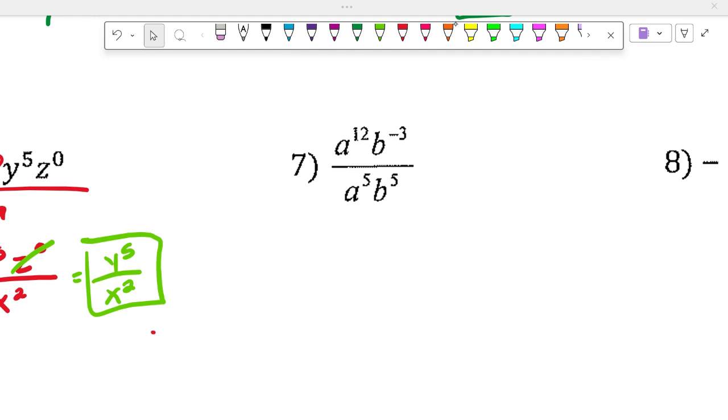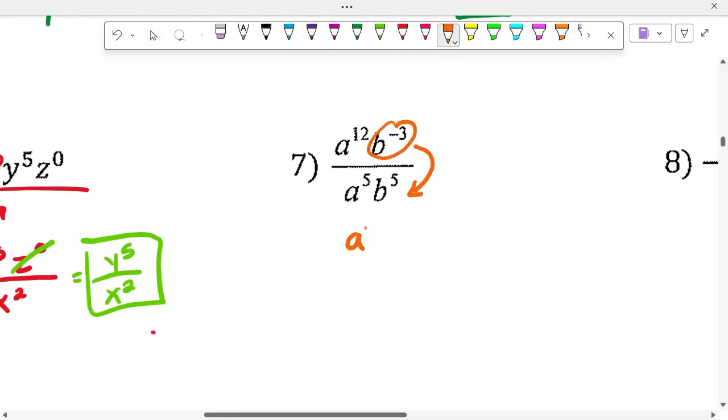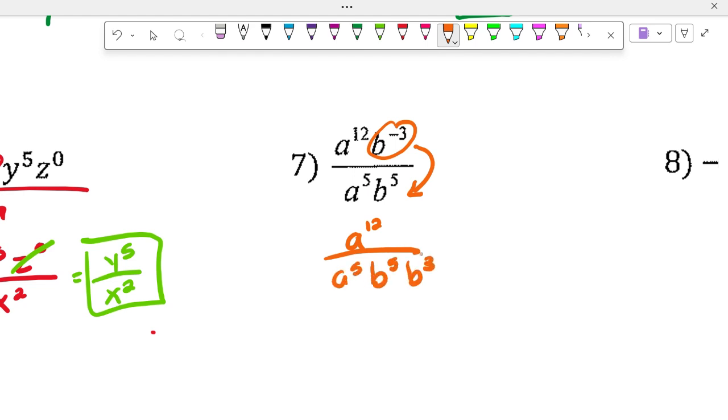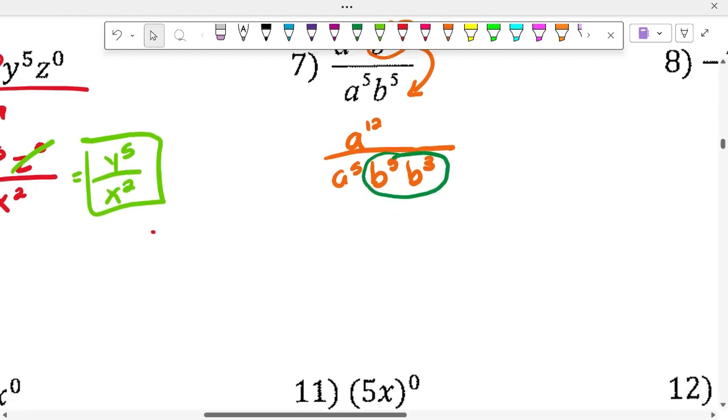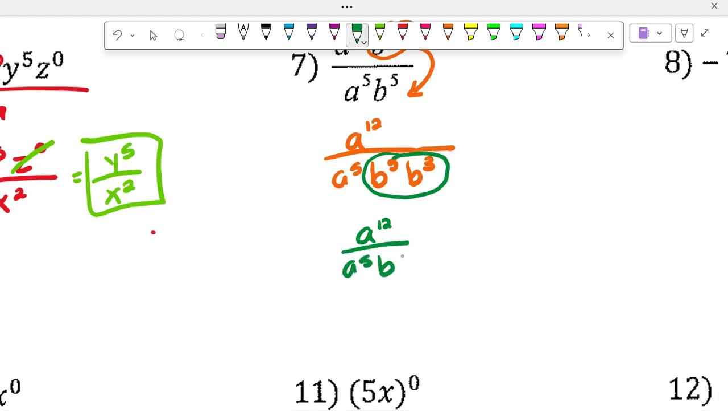All right, we can go ahead and move the negative to the bottom. So this will be a to the 12th over a to the 5th, b to the 5th, b to the 3rd. Now what can I do? So I heard multiply the b's, which we just add. This will be a to the 12th over a to the 5th, b to the what? 8.